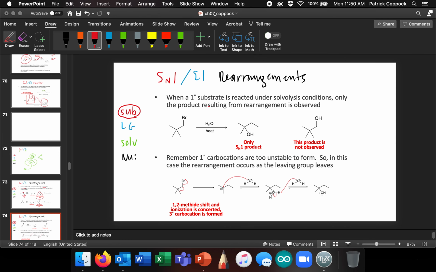So when a primary substrate is reacted under solvolysis conditions, that is when the solvent is going to be the nucleophile, only the product resulting from rearrangement is observed.